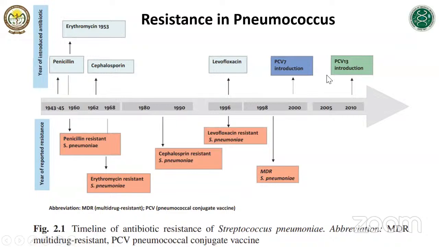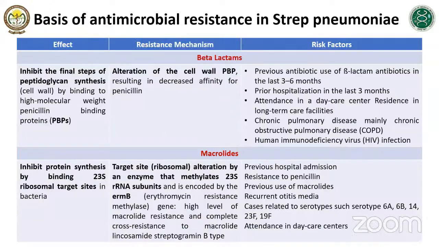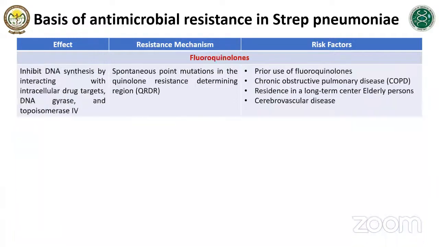Then once vaccination was reduced, we also had the emergence of MDR Streptococcus pneumoniae. The main resistance that we see in Streptococcus pneumoniae is resistance to beta-lactam drugs, where we see alteration in the cell wall penicillin binding proteins. We see resistance to macrolides because of target site alteration by the enzyme that methylates the 23S rRNA subunit through the ERMB mutation.